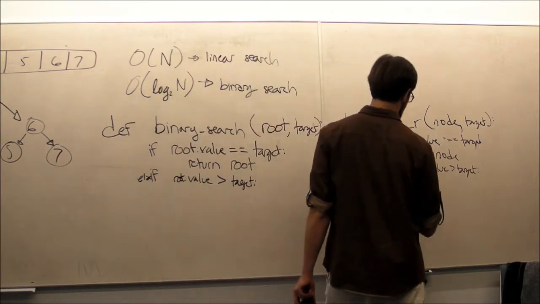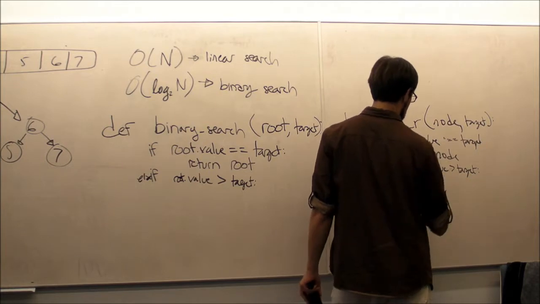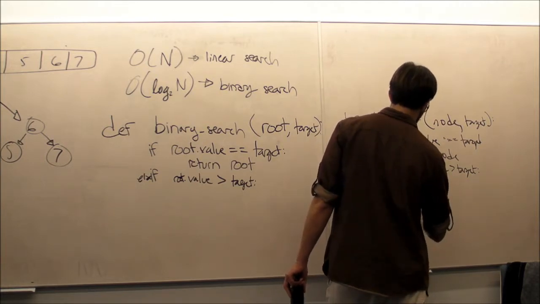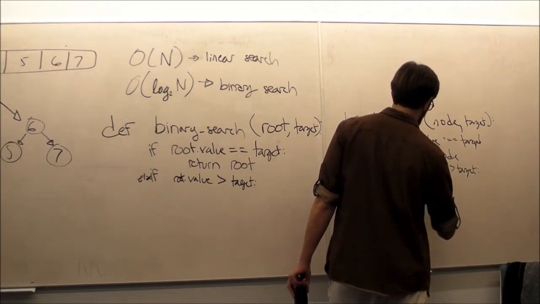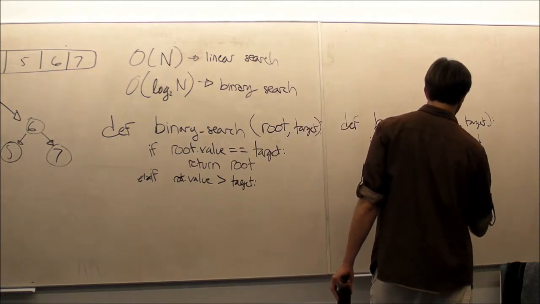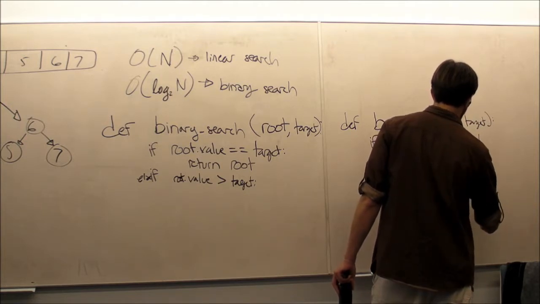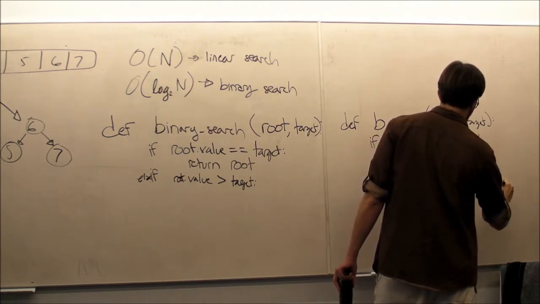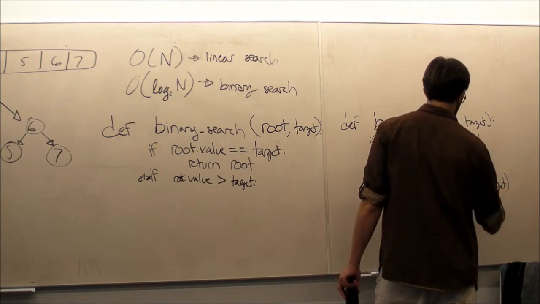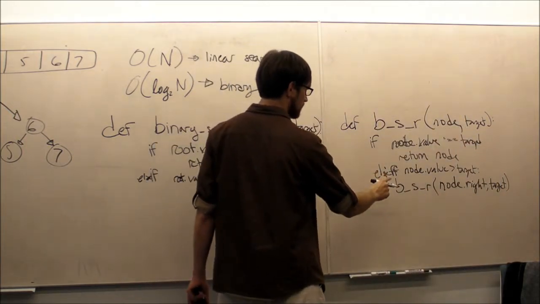For the recursive version, if the node value is greater than the target, we just call the function again. But this time, we pass it the right child. And we keep the target value the same. And so we'll walk through what that does in a minute.